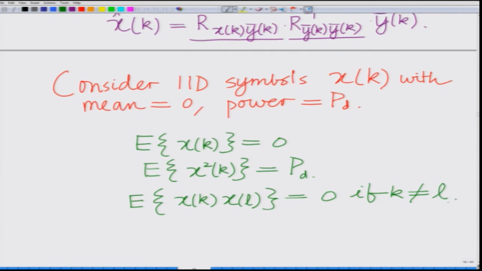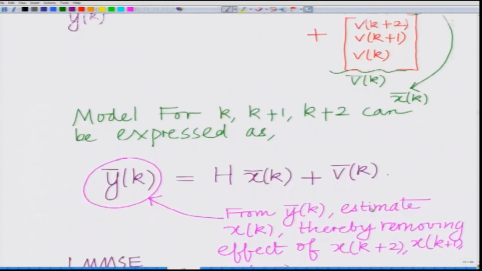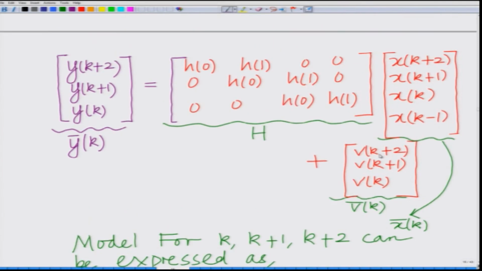Now, let us start by looking at the expected value of x̄_k times x̄_k transpose. Remember, x̄_k is the vector, which is different from x_k. x̄_k is this vector which contains x_{k+2}, x_{k+1}, x_k and x_{k-1}.